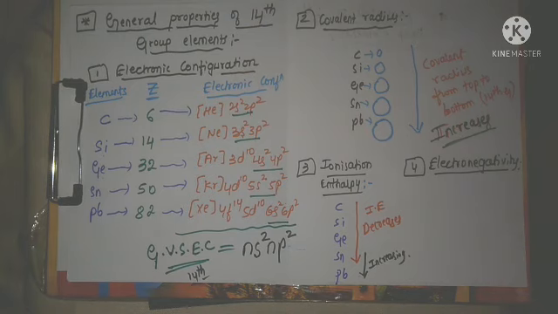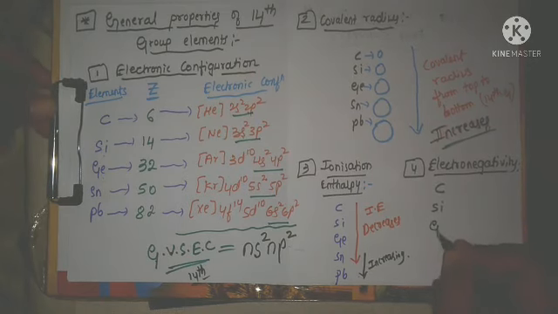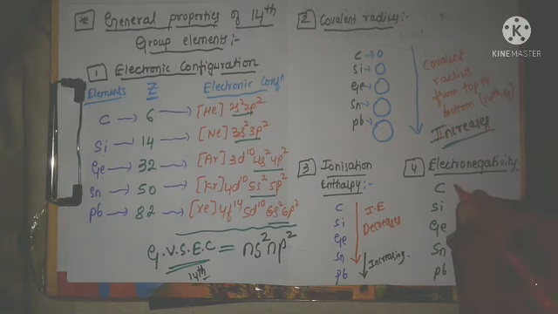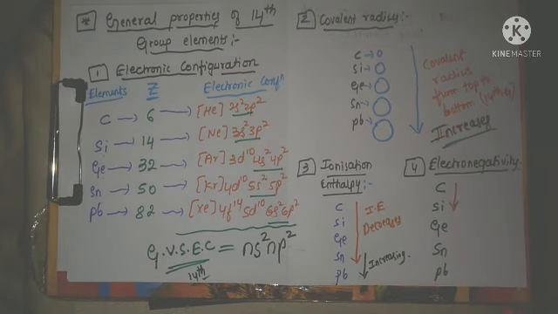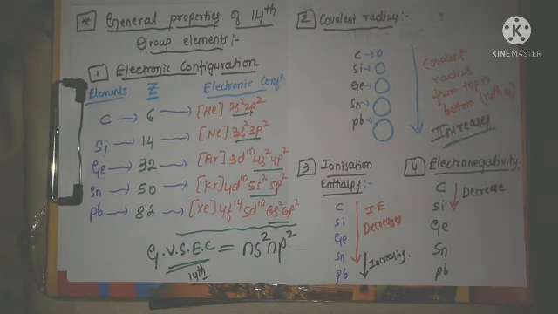Next we will go for the electronegativity. I will write the elements first. Carbon, silicon, germanium, tin, and the last one is lead. These are the elements of the 14th group. Now here some variation will be there. From carbon to silicon, there is a decrease in the electronegativity.